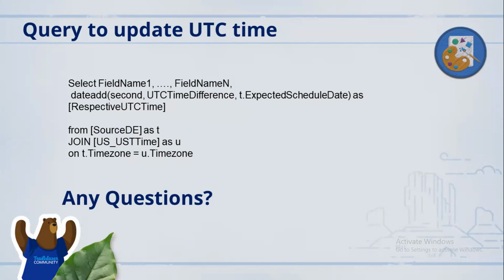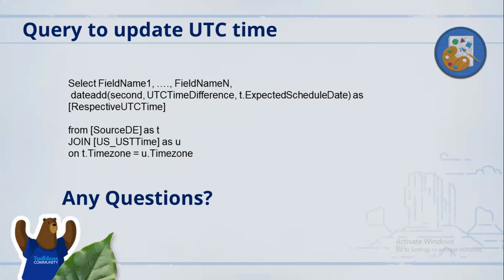I have added it in seconds. In this data extension, there are fields called UTC time difference and time zone. I'm going to use the date function in seconds. First, I am picking the UTC time difference, and I am picking the expected schedule date. This was specified in our source data extension: when we are going to target.